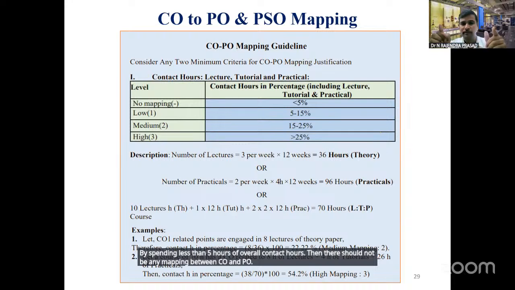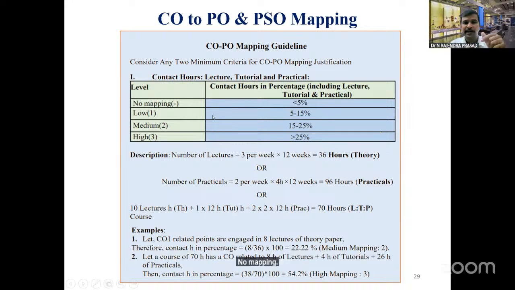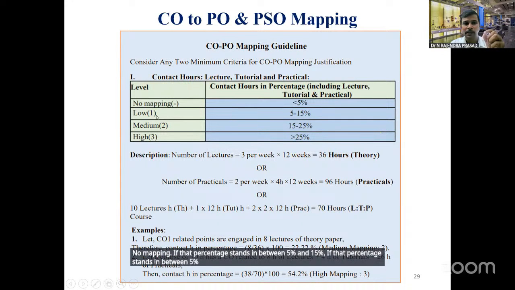No mapping. If that percentage stands between 5 and 15 percent, mapping level should be 1. That is low.